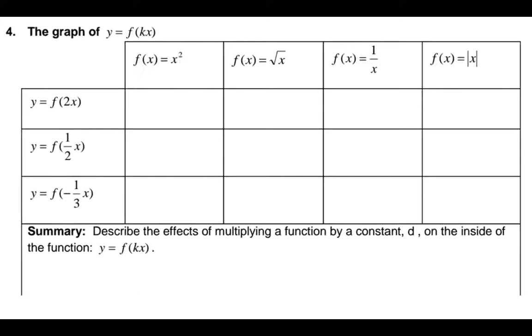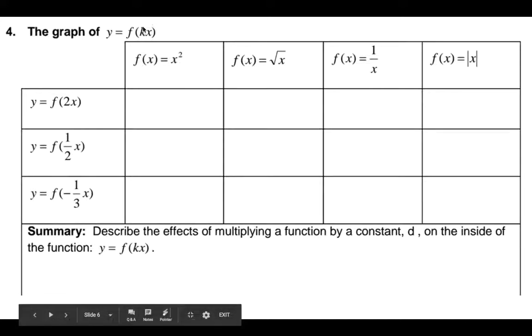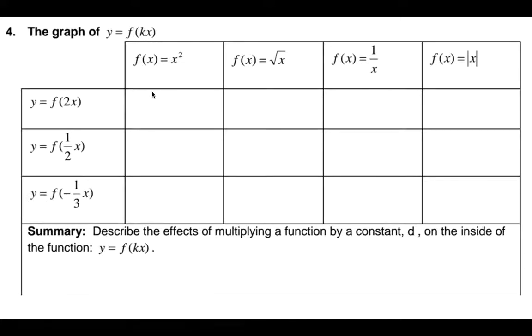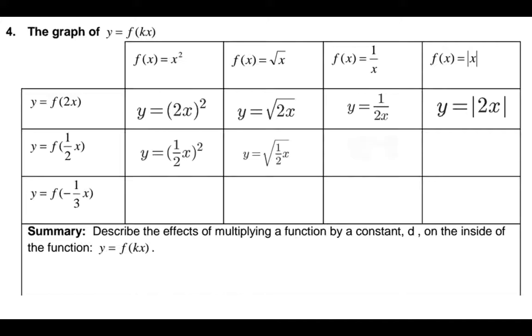Finally, if the multiplier is on the inside, so you're multiplying the inputs by x or by a number, you can see what it will look like. The 2x on the inside, the 1/2 x on the inside. So this kind of looks funny, but you probably more see it as a 0.5x.